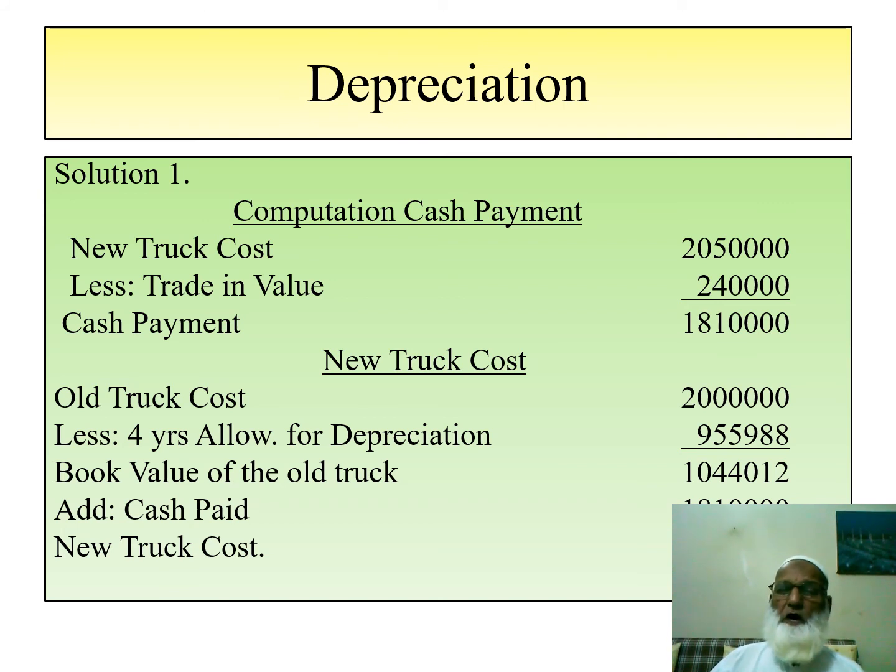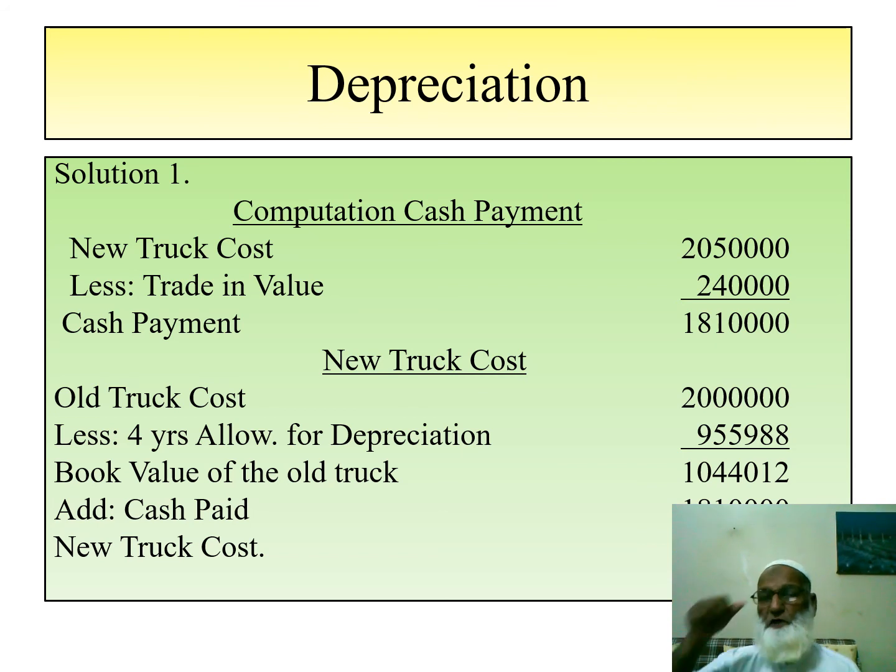Now the total new truck cost, which is to be entered in the books of accounts, is calculated. For the old truck, first we have to calculate the book value. Book value is 2 million minus the allowance for depreciation of 955,988.